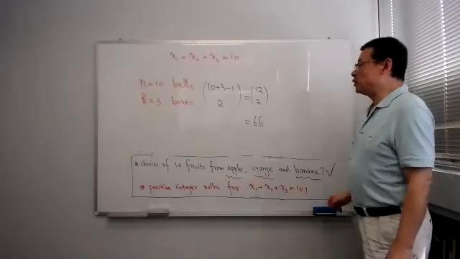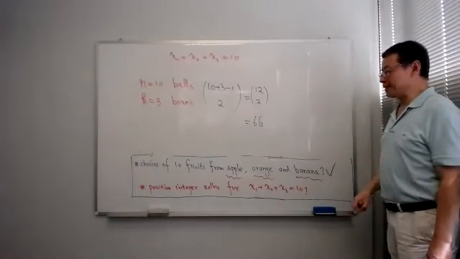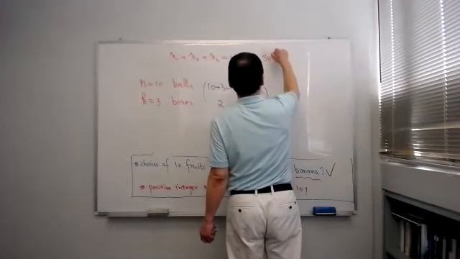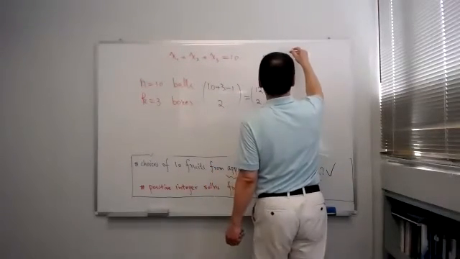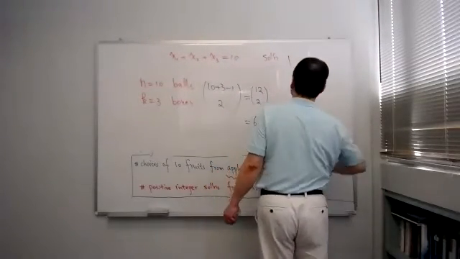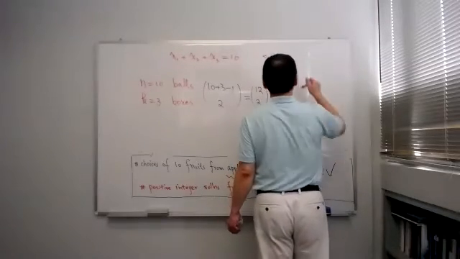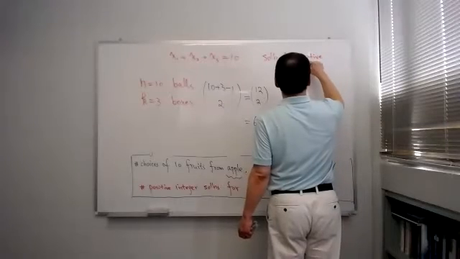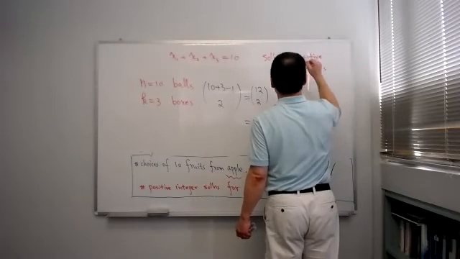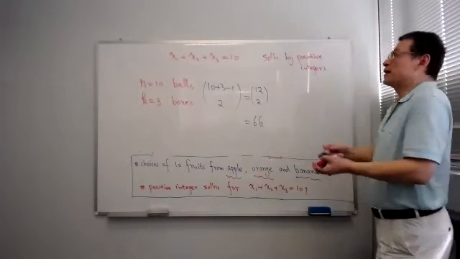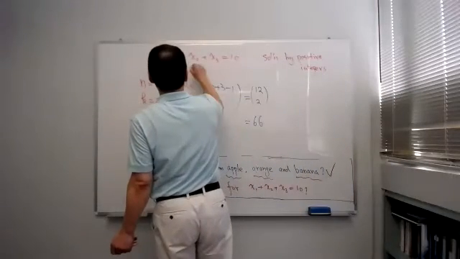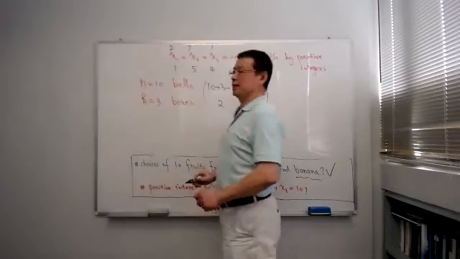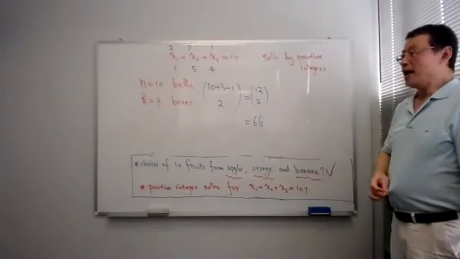I want to know the number of different solutions consisting of positive integers. For example, I have a solution, say 4, 1, 5. There's another one, 2, 7, 1. So these are solutions.